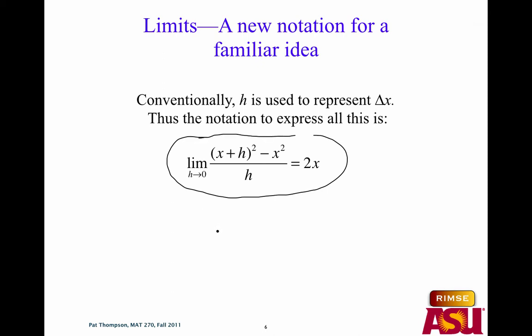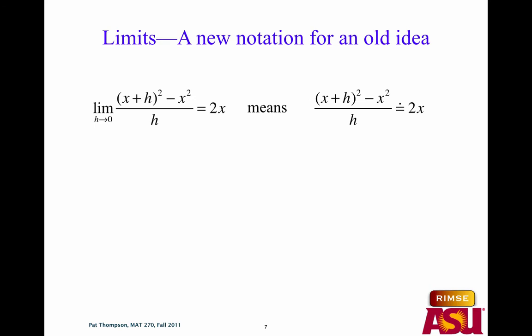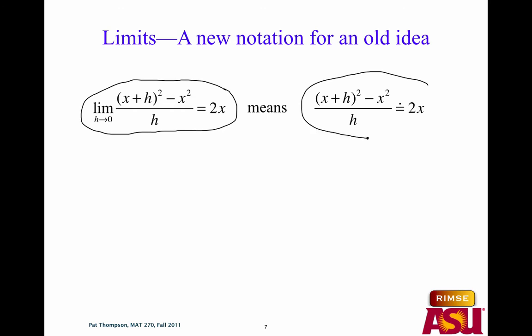But what I want you guys to keep in mind is, what does this actually mean? Okay, and so that's why we've talked about this idea of essentially equal, because when we see this in your textbook and in your homework, I want you to think this. Okay? So when you see an expression about a limit as something happens, so in particular the limit as h goes to 0, if some expression equals some other expression, that means those two expressions are essentially equal.